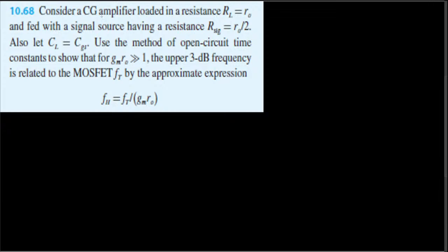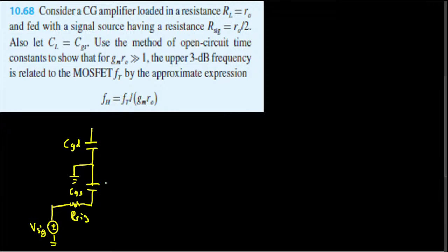Here we are dealing with the common gate amplifier circuit. So the diagram for the common gate amplifier looks like this. We have two capacitances. One is CGD, the gate to drain capacitance right here, and this one will be grounded right here, and then this is CGS, the gate to source capacitance. Then here we have the Rsig resistance, and the Vsig voltage source.